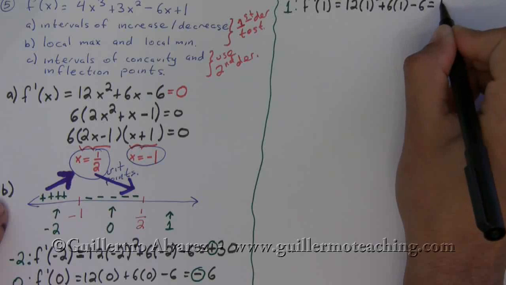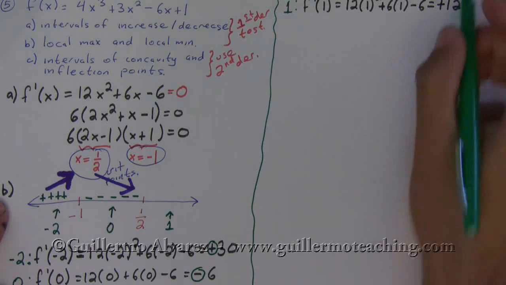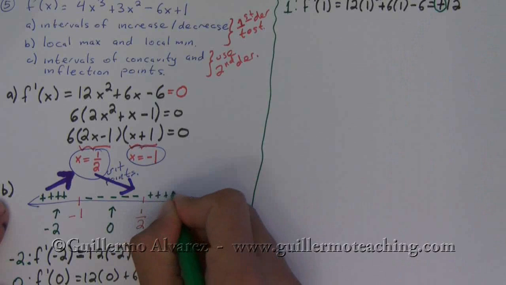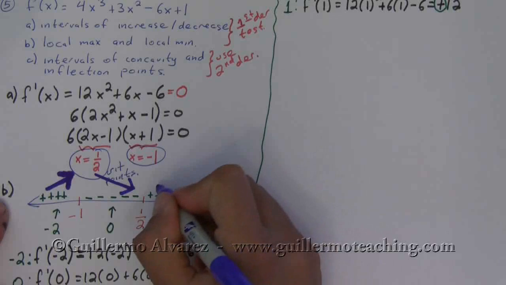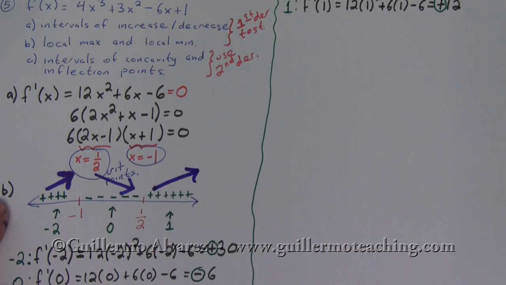This is equal to positive 12. So this is positive. That means the derivative is positive after 1/2, which means I draw a big fat blue arrow facing up, and that means my function is increasing.